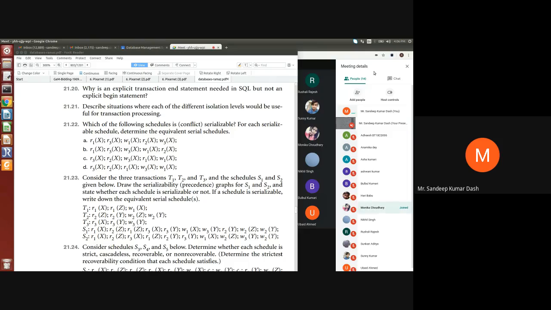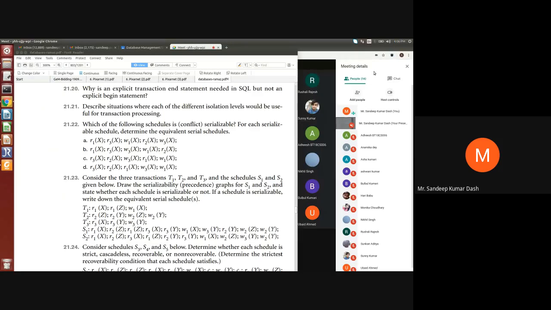Similarly for B also, T1 to T3 there will be a loop. T2 is not involved. T1 is having R1X, T3 is having W3X, and T3 is having R3X, T1 is having W1X. They will be having a loop. R2X can also be involved.